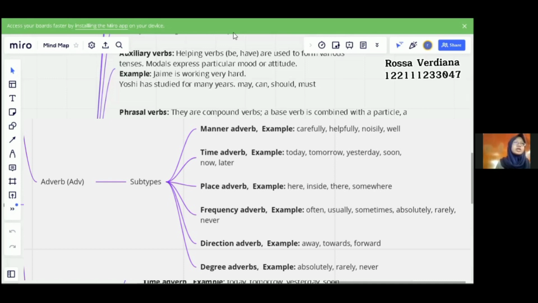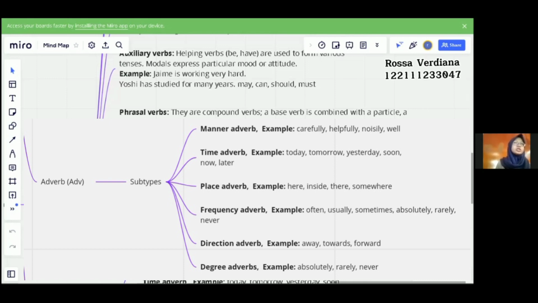The third is place adverbs: here, inside, there, somewhere. The fourth is frequency adverbs. Examples are often, usually, sometimes, rarely, never. The fifth is direction adverbs. Examples are away, towards, forward. And the sixth is degree adverbs. Examples are absolutely, rarely, never.